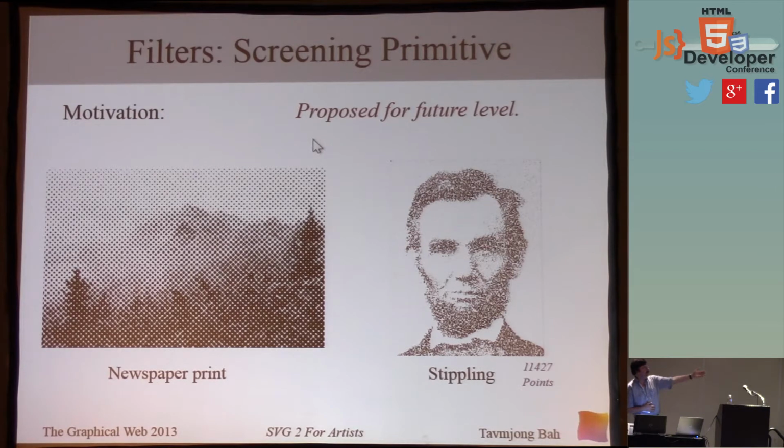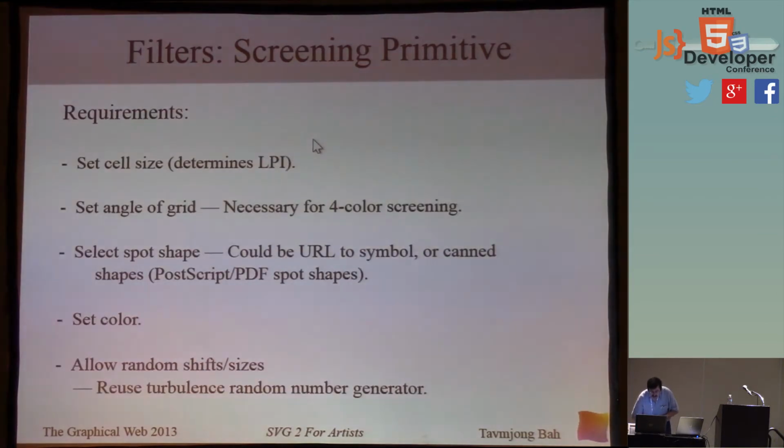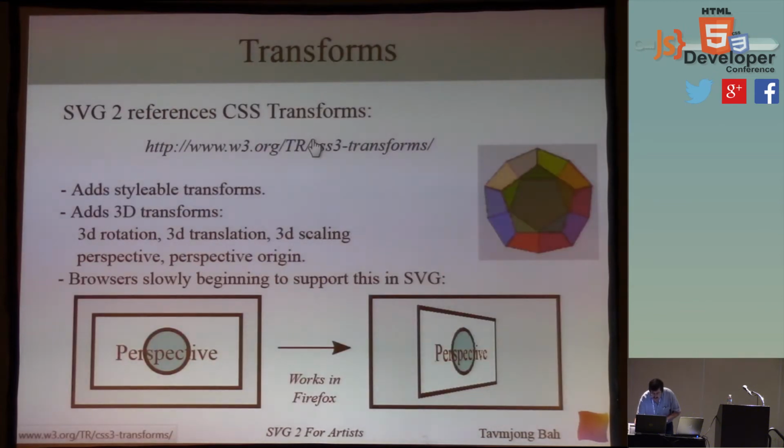But if you have this filter primitive, then you can just define this effect in a few short lines, and you can do some other things. Pointillism, that's 21,000 circles there, or you could do cartography. By just defining a gradient, you can have the amount of a certain color define the probability that a pattern or icon is placed there. Okay, I won't talk about the details, I don't have time.